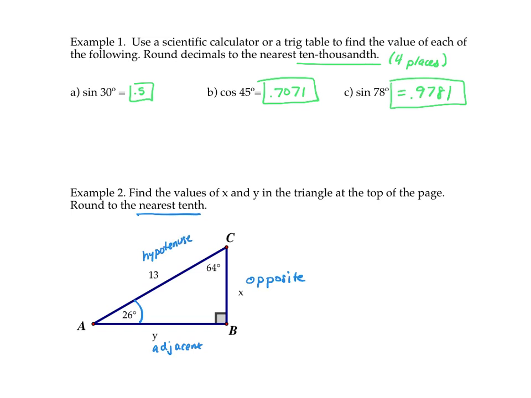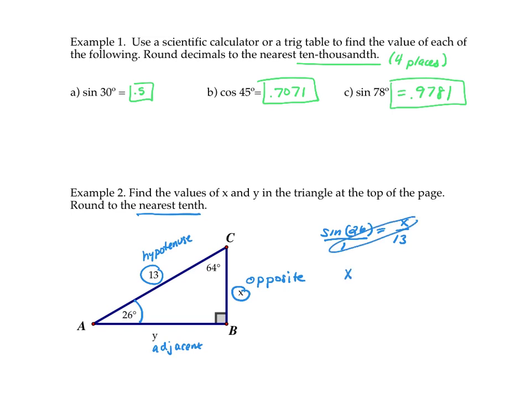So I'm going to choose to solve for x first, and I want to use the opposite side and the hypotenuse. Opposite and hypotenuse leads us to sine. So we would write the sine of 26 is equal to x over 13. Remember from our lesson on tangent that we want to treat this as a proportion. Put the sine of 26 over 1 and then cross multiply.